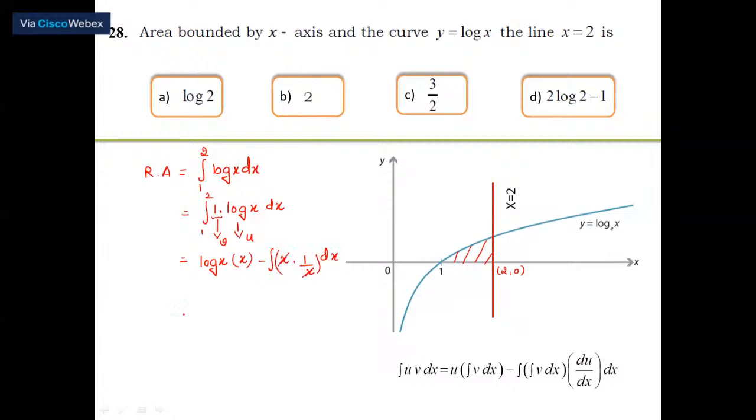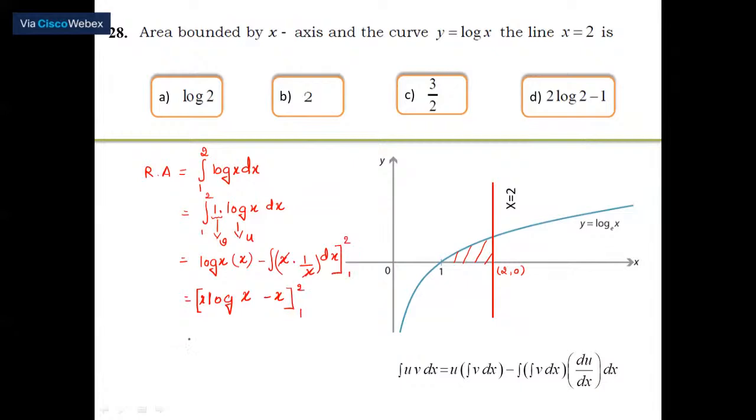And here we can cancel x and x. So finally it is integration of x. So integration of our log x is x log x minus x. And here the limits are 1 to 2.